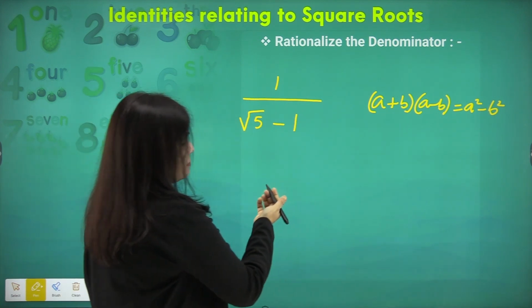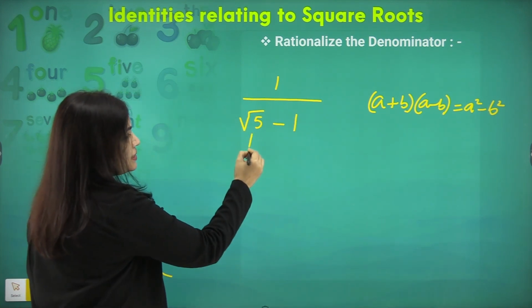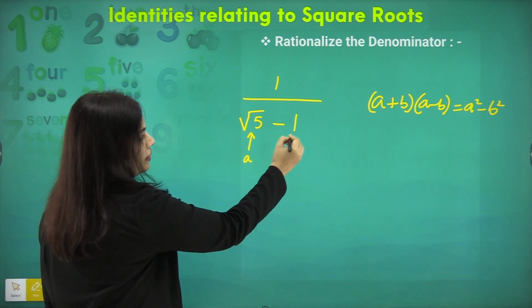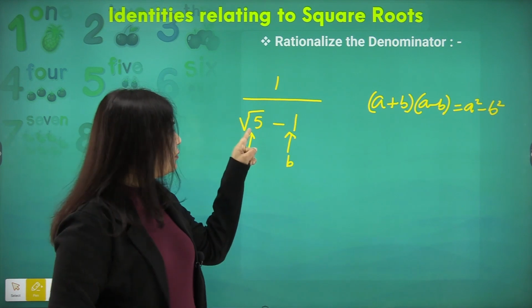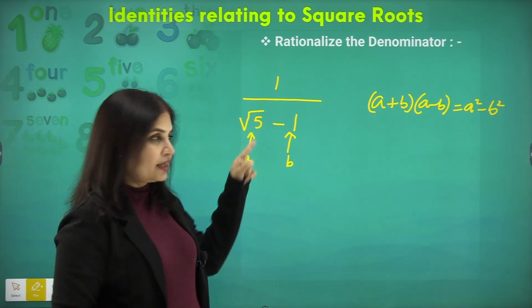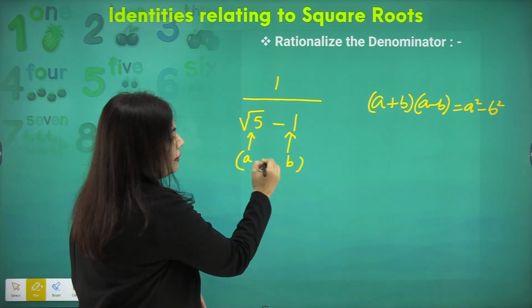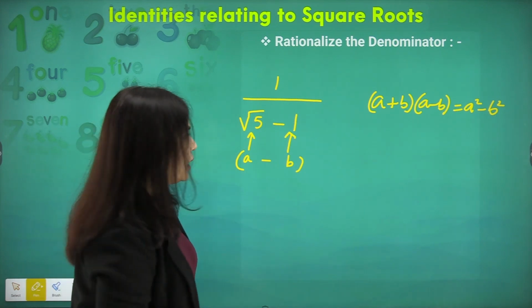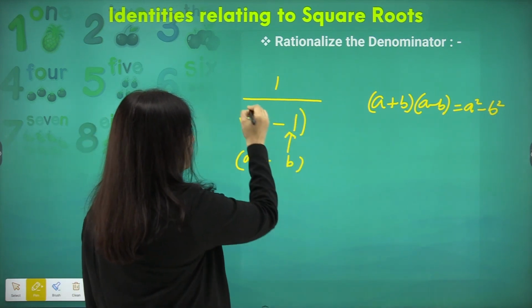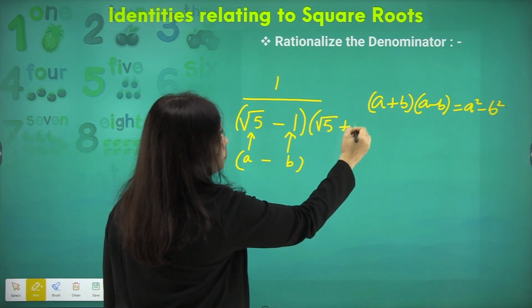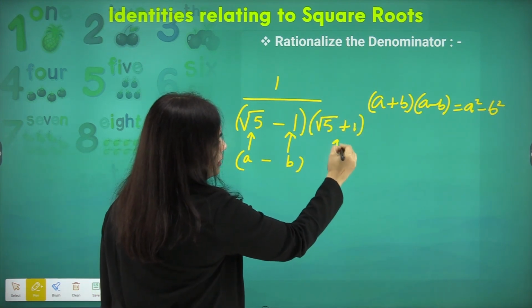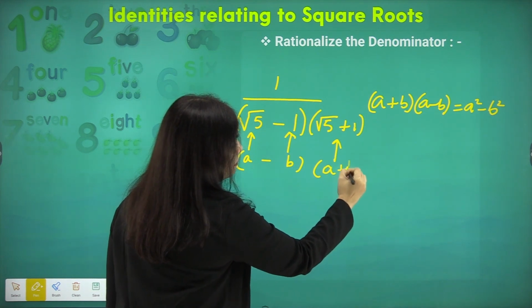Let me see. If I consider this to be A and this to be B, now to get rid of this radical sign, this is my A minus B. If I multiply the denominator by root 5 plus 1, that means A plus B.